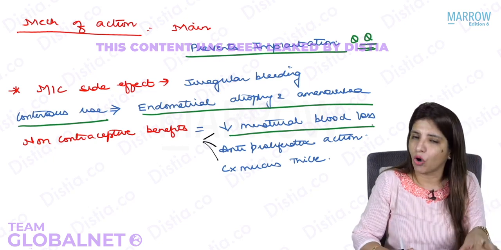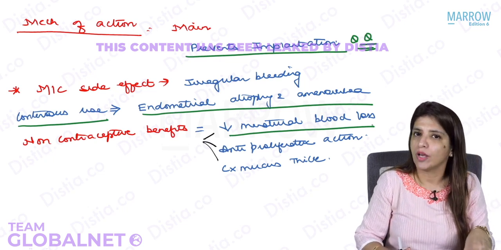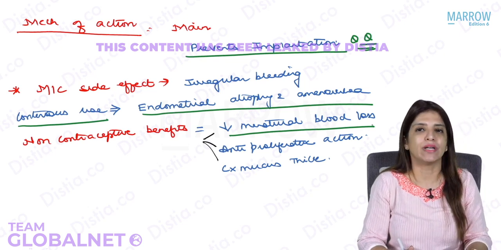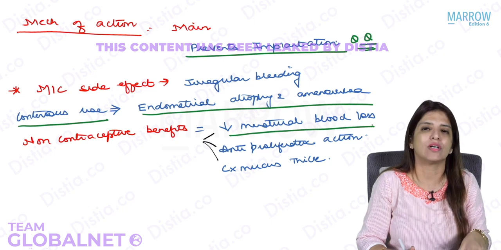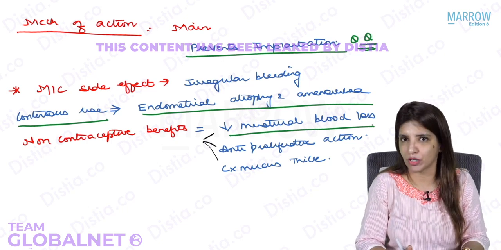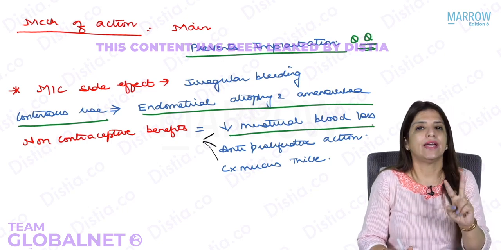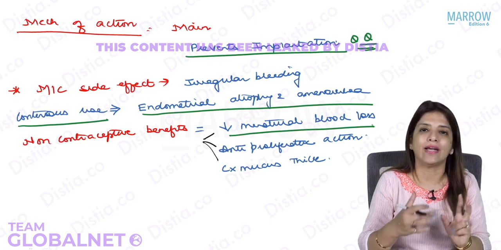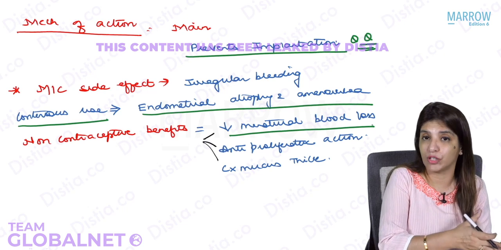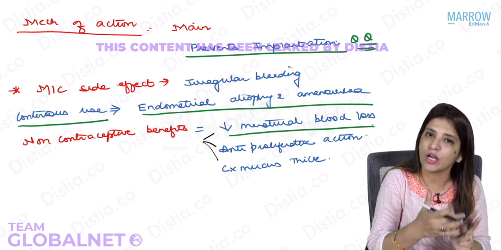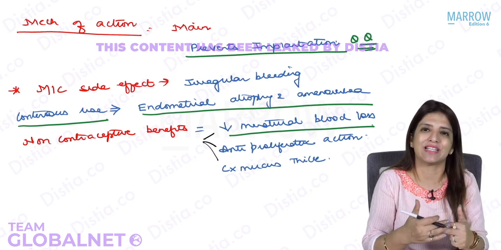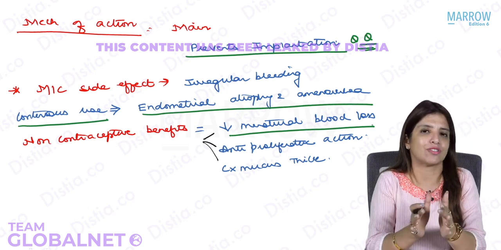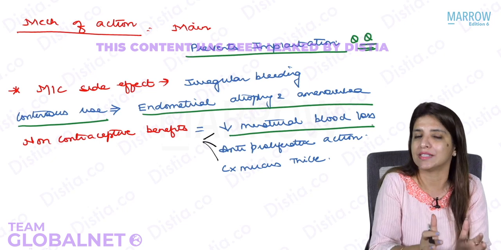So one set of non-contraceptive benefits of Mirena can be explained because it decreases menstrual blood loss. Number two, its non-contraceptive benefits are due to its anti-proliferative action on the endometrium. Because progesterone, when used continuously, brings about endometrial atrophy, a set of non-contraceptive uses are based on this action.